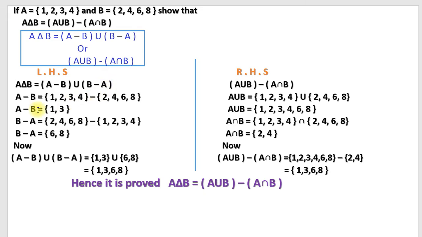In difference, we take the set containing those elements that are in A but not in set B. So see here, 1 we cannot find in set B, 3 also we cannot find in set B, therefore our answer is {1, 3}.